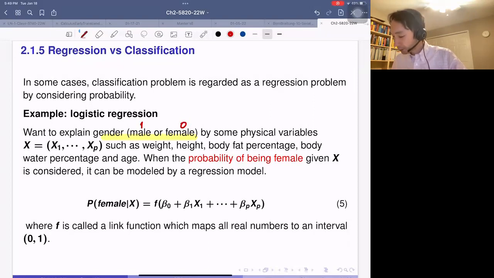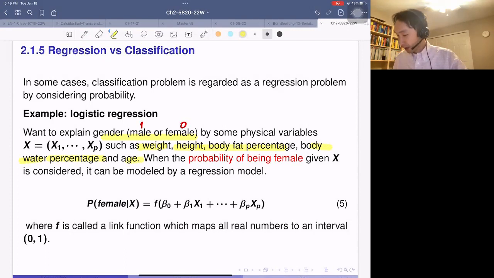is male. Suppose that we want to predict the gender by the weight, height, body fat percentage, body water percentage, and age as predictors. I think women generally have a higher percentage of water.